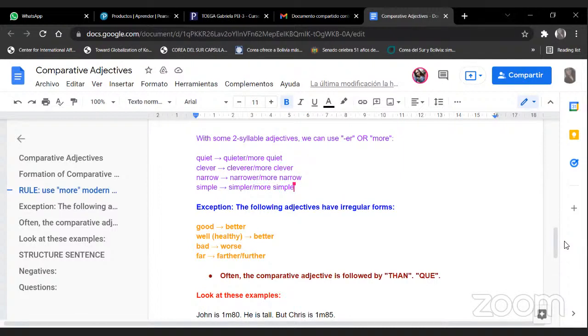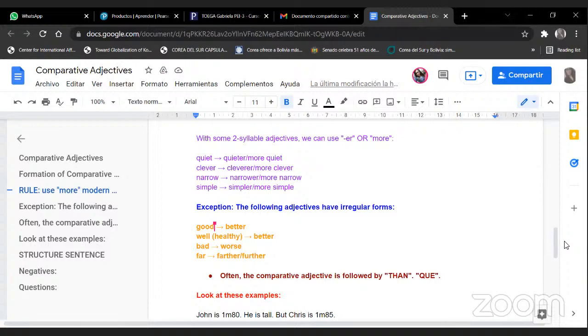After this, we have other special adjectives, like good, and the comparison of good. Good is a 1 syllable adjective, so we're not going to say gooder, for example. No, this is a special, irregular adjective, where in order to compare, it changes to better.